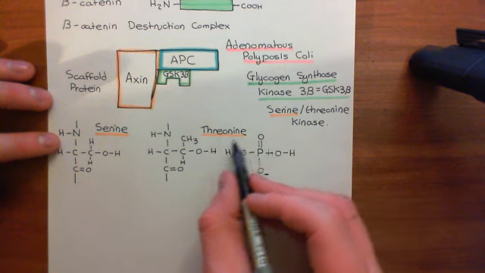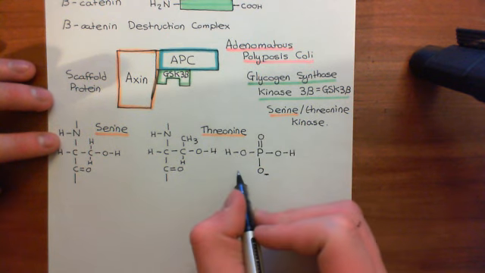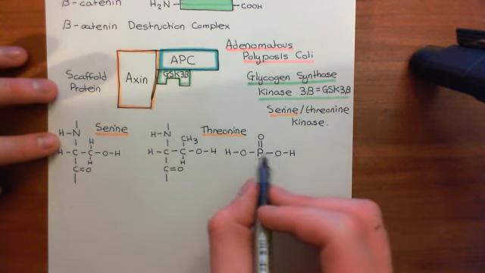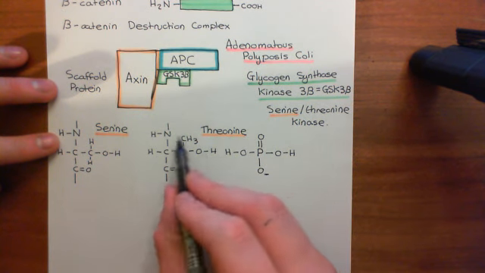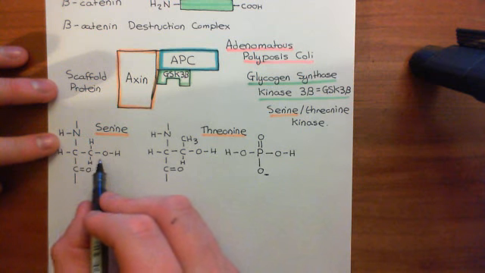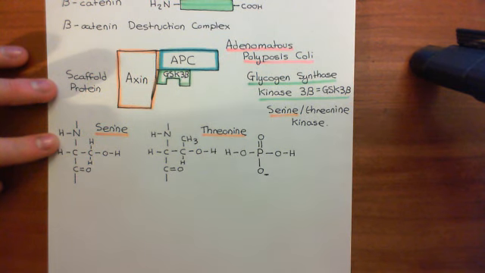This is actually a free molecule known as an inorganic phosphate. To create a phosphate group, we're going to attach this onto the threonine residue here, or the serine residue. It's completely analogous for the serine residue as well.